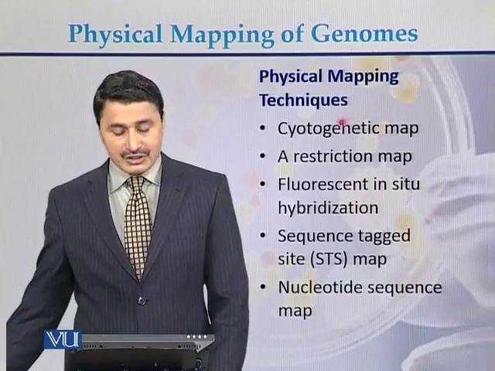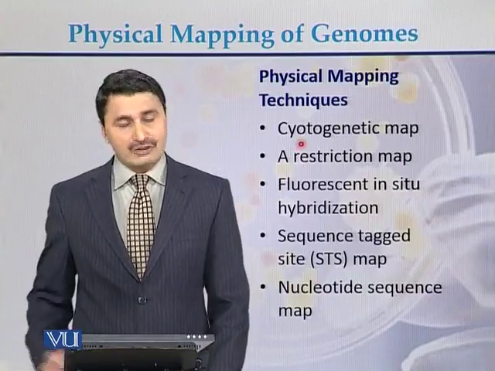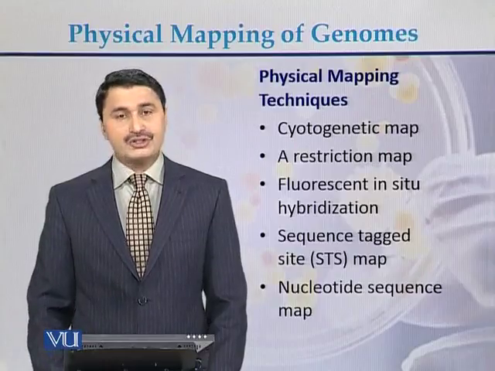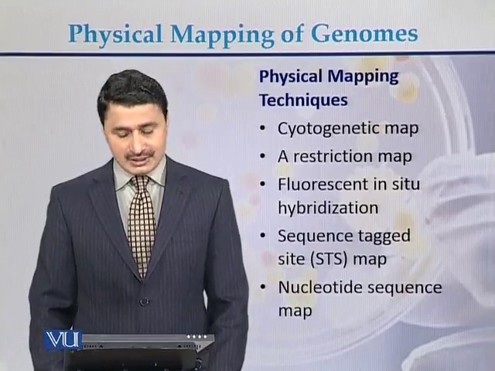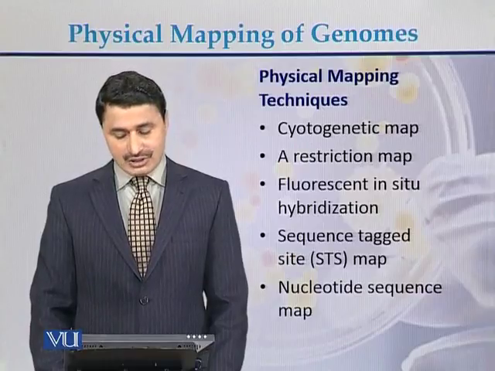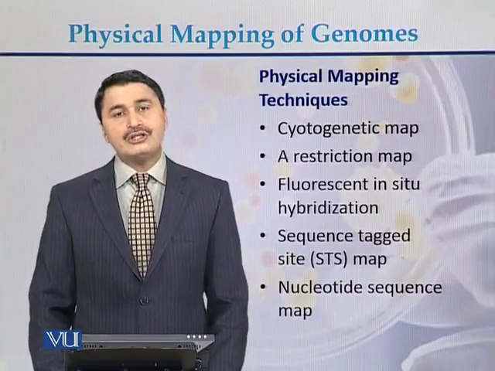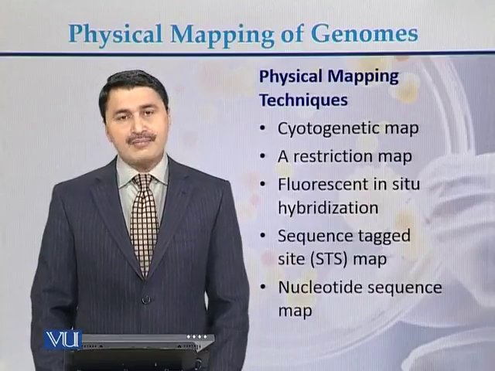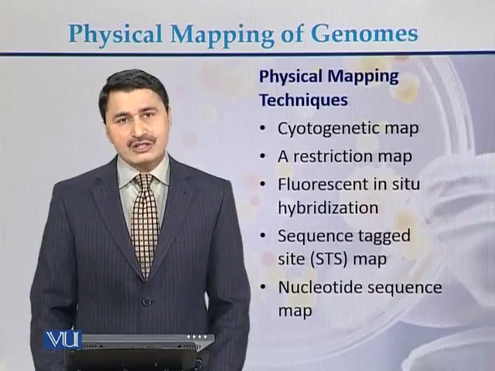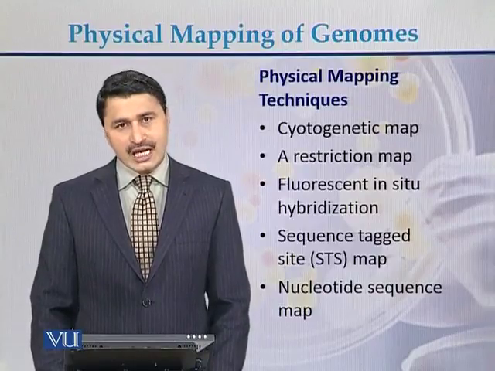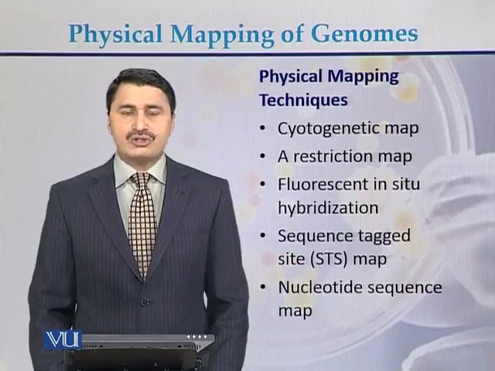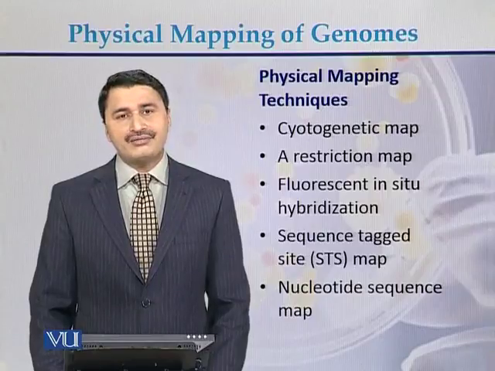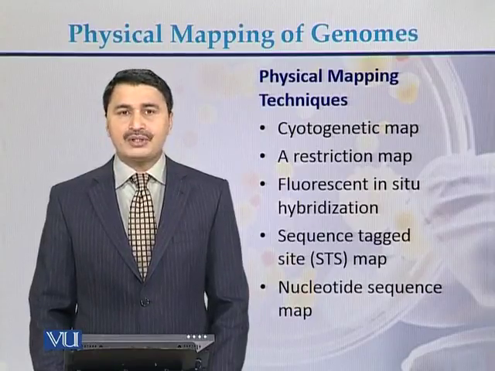The lowest resolution is the cytogenetic map, then the restriction map, then fluorescent in situ hybridization, then the sequence tag site map, and then the nucleotide sequence map. So this is the list of physical map resolution. The lowest resolution is the cytogenetic map and the highest resolution is the nucleotide sequence, and all these are different types of physical mapping of the genomes.